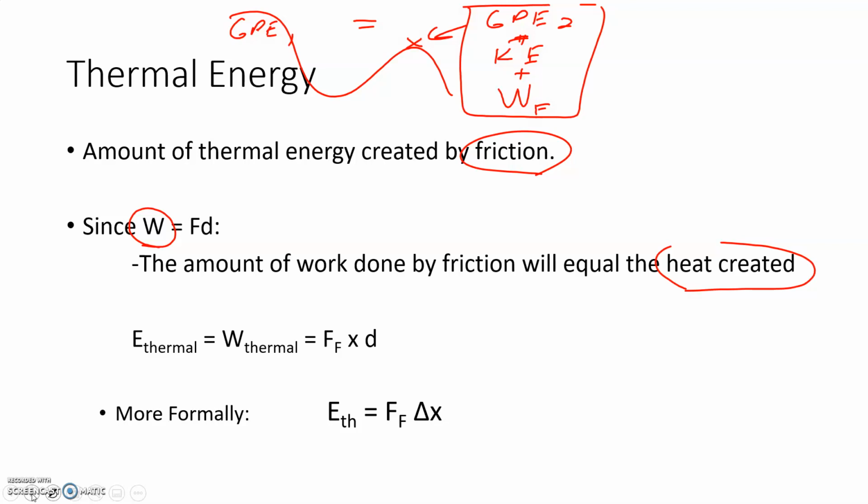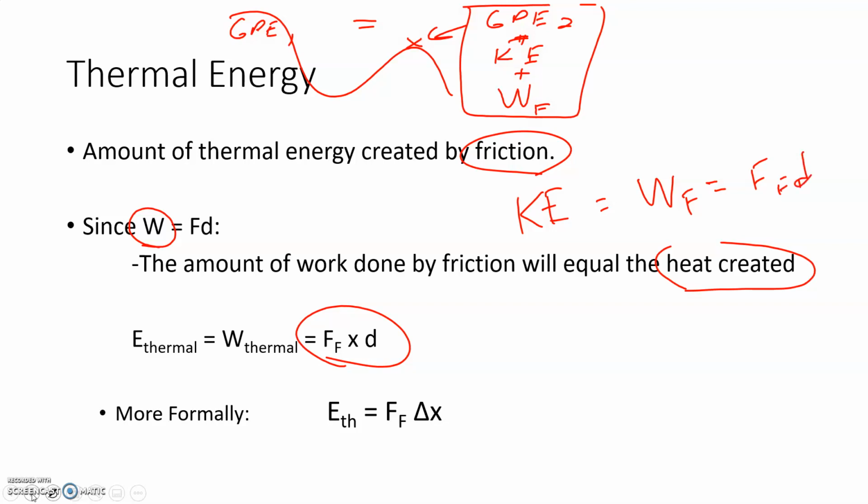So that's pretty good. But just knowing that, what I was talking about, work done by friction is the force of friction times the distance that the friction acts. So if I said you were going 80 miles an hour and you slammed on your brakes and you stopped over 100 meters, you'd have the KE from how fast you're going equals the work done by friction, because friction stopped you, which would equal the force of friction times the distance.